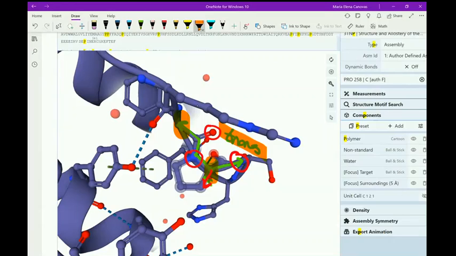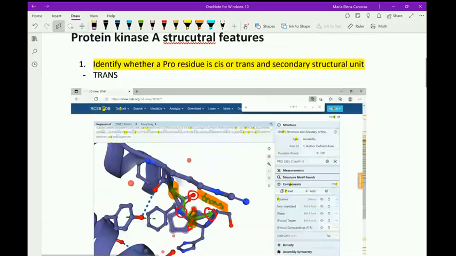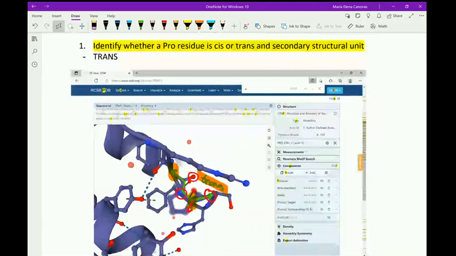If the backbone was directed in the direction of the red arrow, then it would be cis because they would be pointing in the same direction, the same face. So we have to look at the alpha carbons and their directions, and then we're able to determine if it's cis or trans.